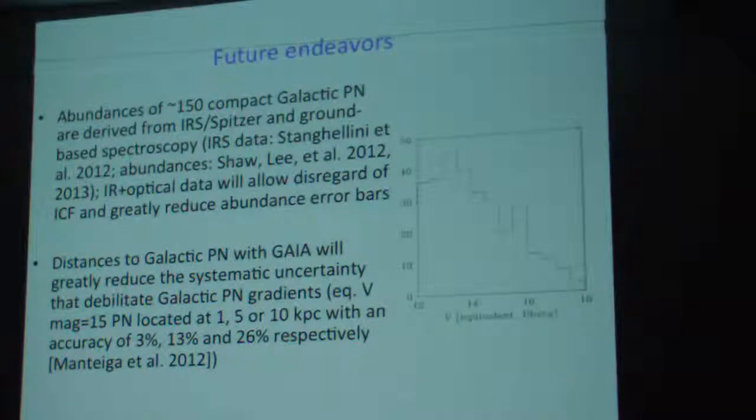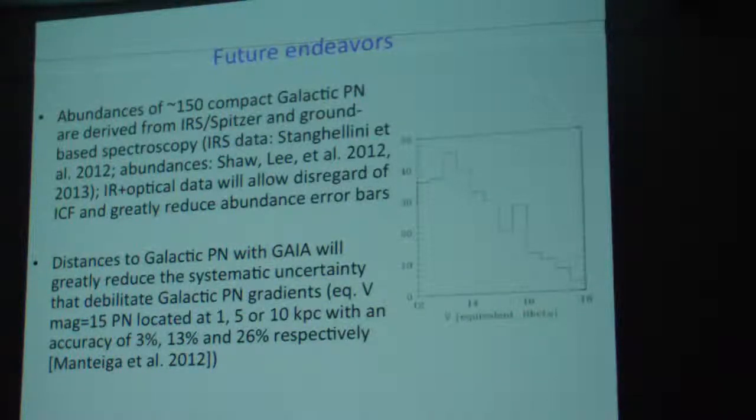We know their shape, we know everything, we know their central star. Eva Villaver and her student or postdoc are working on the central star. We are working on the nebula, and Ting-Wei Li is working on the abundances with those spectra and some optical spectra obtained with SOAR. We have a survey with SOAR to complete that.